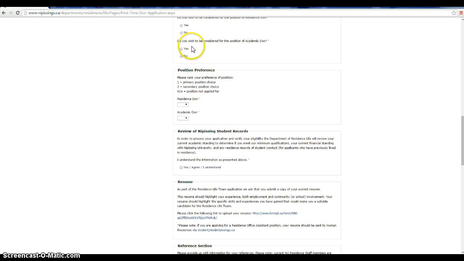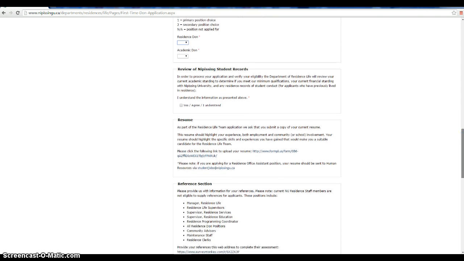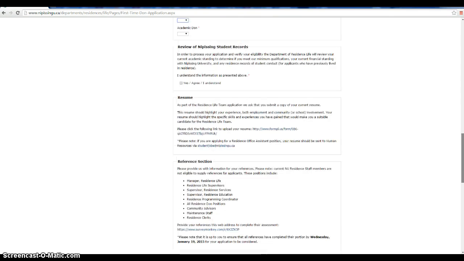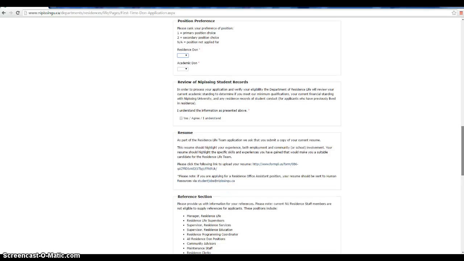If you had indicated above that you would like to apply for both the Don position and the Academic Don position, this is where you will be able to identify which position you are most interested in, although you will be able to participate in the hiring process for each.